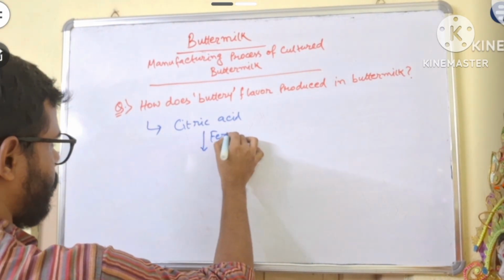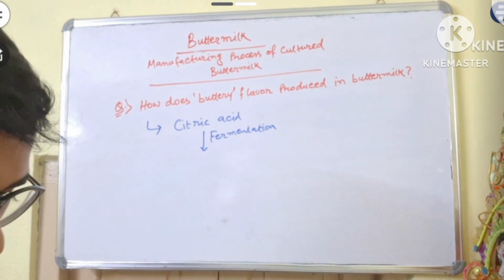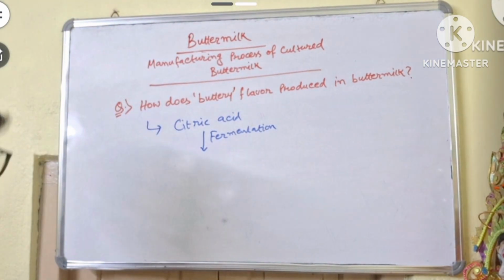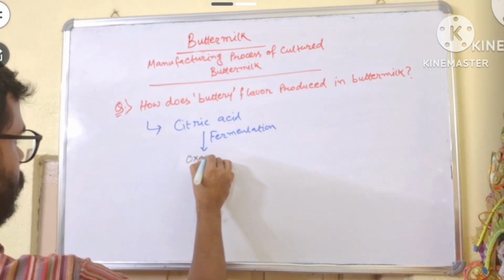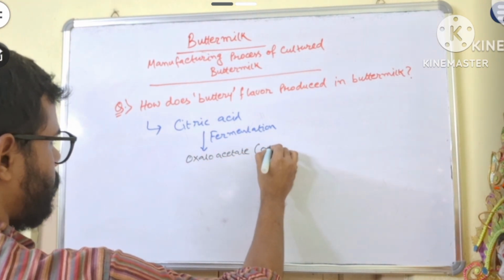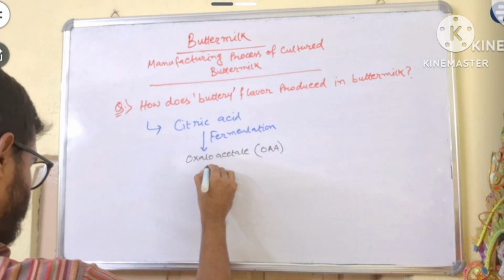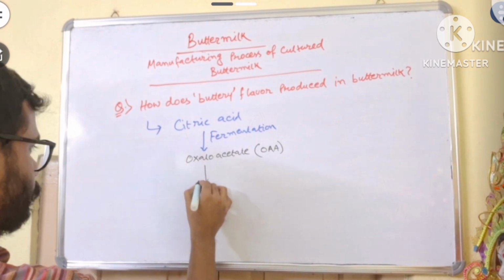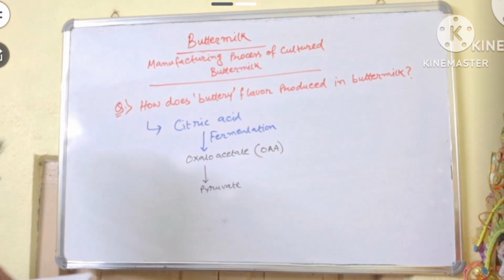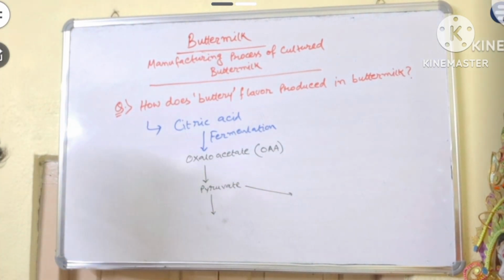So citric acid fermentation produces oxaloacetate. Oxaloacetate, short name OAA, oxaloacetic acid. From oxaloacetic acid, pyruvate is formed, and this pyruvate can produce two products.